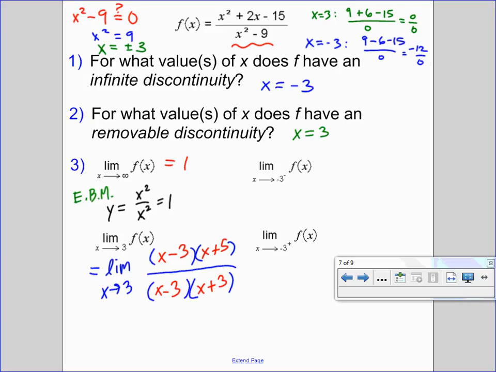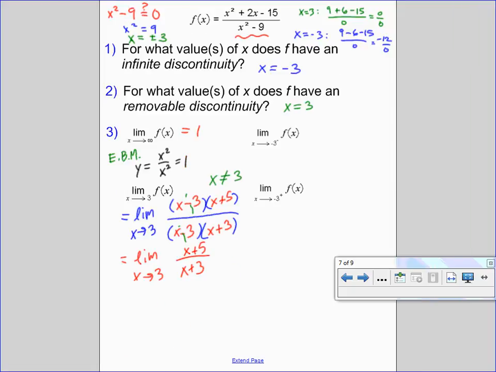And because we're evaluating a limit where x doesn't equal 3, we can cross out the x minus 3 and the x minus 3. I'm getting x plus 5 over x plus 3.